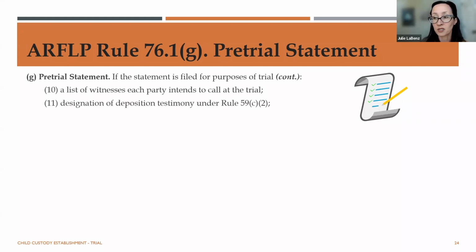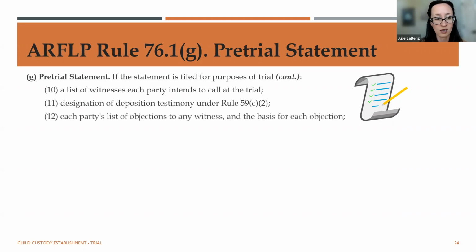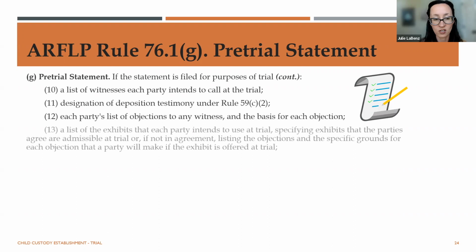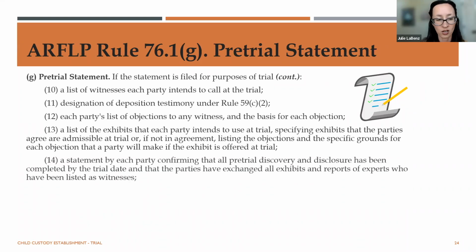If there were any depositions done during the case, designating the deposition testimony that you intend to use, each party's list of objections to any witness and the basis of each objection, a list of the exhibits that each party intends to use at trial, specifying exhibits that the parties agree are admissible at trial, or if not in agreement, listing the objections and the specific grounds for each objection that a party may make or will make if the exhibit is offered at trial.